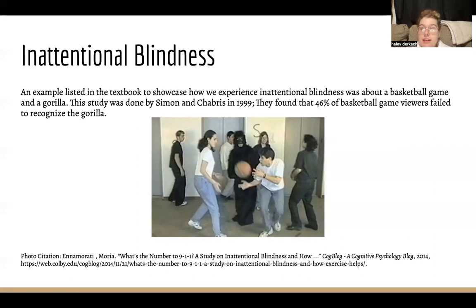How this was done is they began the watching of the basketball game. There's two teams, white and black, and during the middle, a black gorilla came out into the middle of the playing. It is thought that those who failed to recognize it thought that he blended in and he was a basketball player because it's completely black.